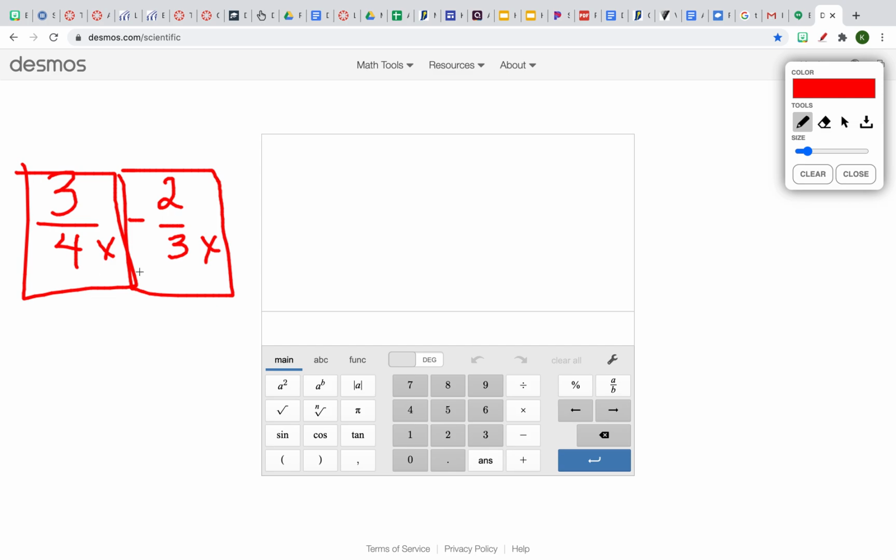I need to add these two together because we always add our like terms. So you're going to go to your calculator and you're going to be like, all right, I got to add these fractions. And you're going to panic at first because you're like, I don't know how to add these fractions. I'm done. I quit. No, it is simply the use of this button right here.